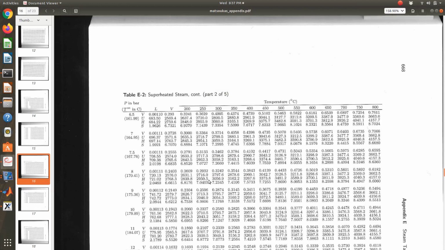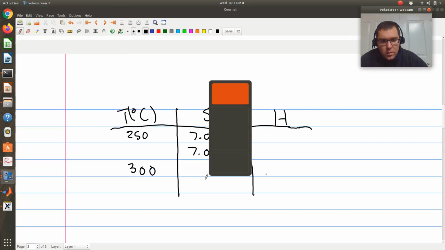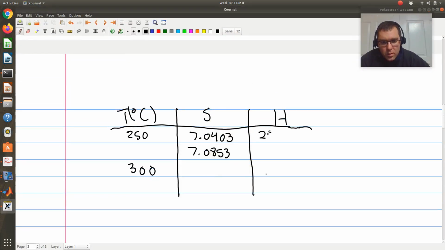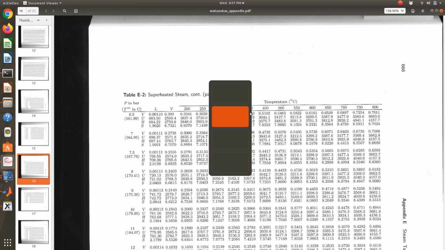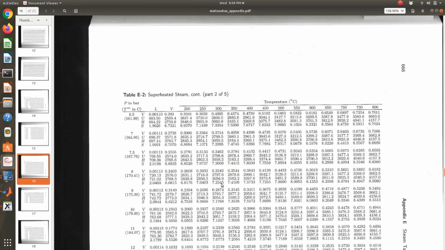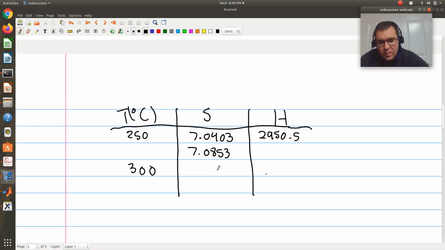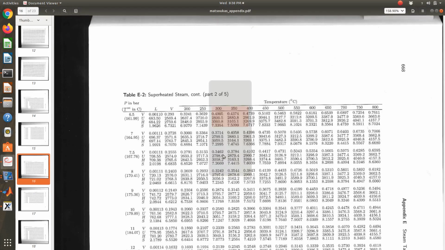And H is 2950.5. Okay, now let's look at our properties at 300. 300 entropy is 7.2345. And H is 3056.9.